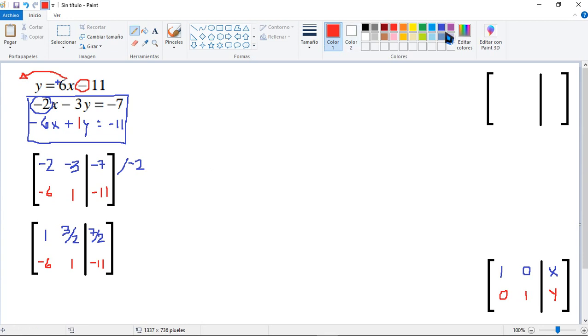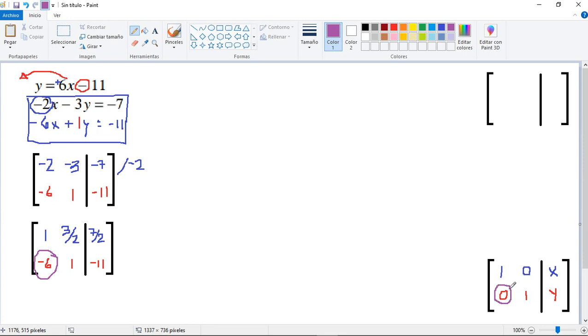Okay, now that we have converted this number into 1, so this is 1, the same as this one, the next step is to convert the bottom left number into a 0. What is the bottom left number? This one right here. This number has to become a 0.